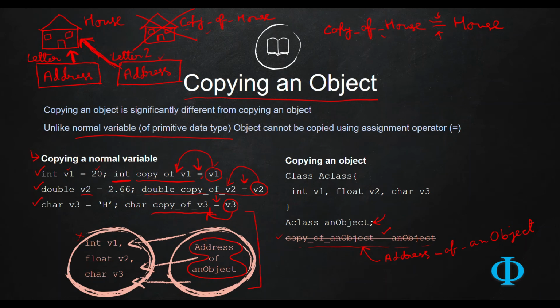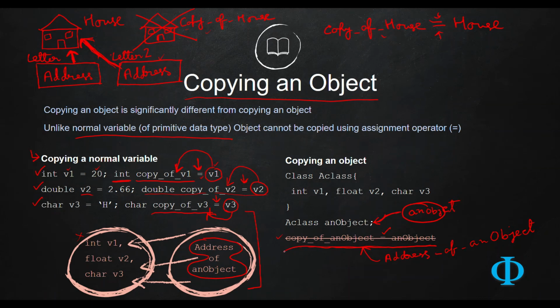So what happens when you do it in a Java program? Let's say an object is created in memory. Let's say this is my object. After this line is executed, an object is created in the memory.